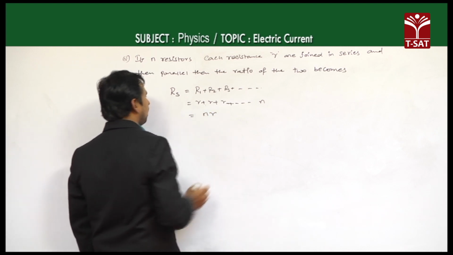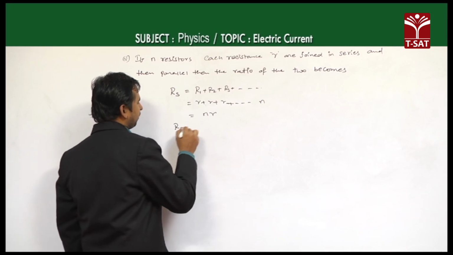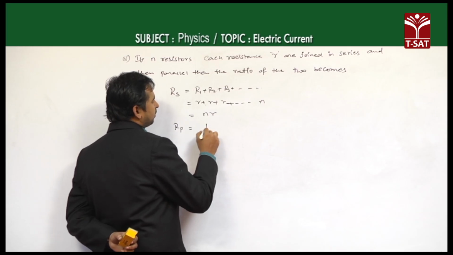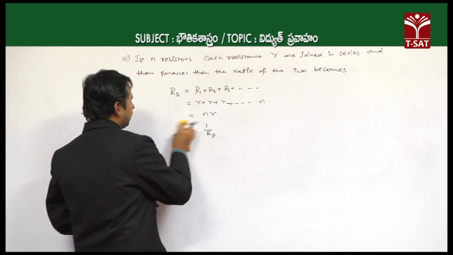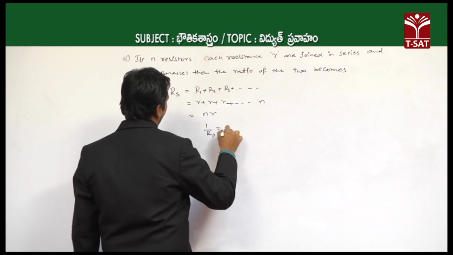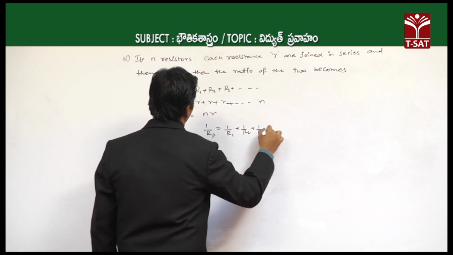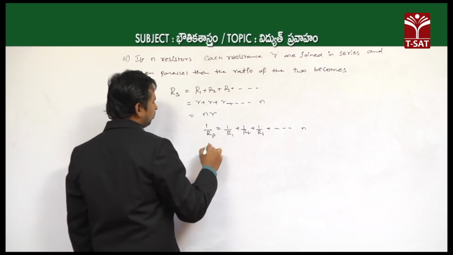In the same way, for the parallel connection, the equivalent resistance Rp is given by 1 by Rp equals 1 by R1 plus 1 by R2 plus 1 by R3 and so on, up to n terms.